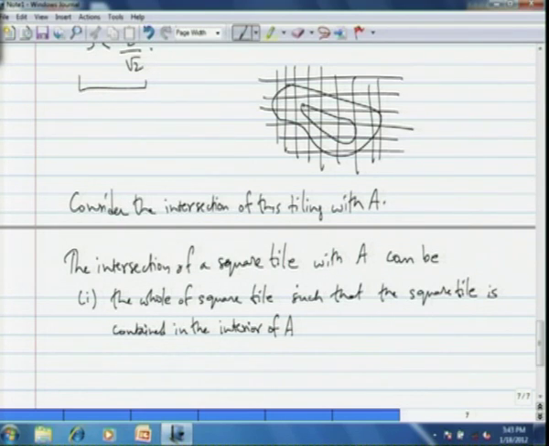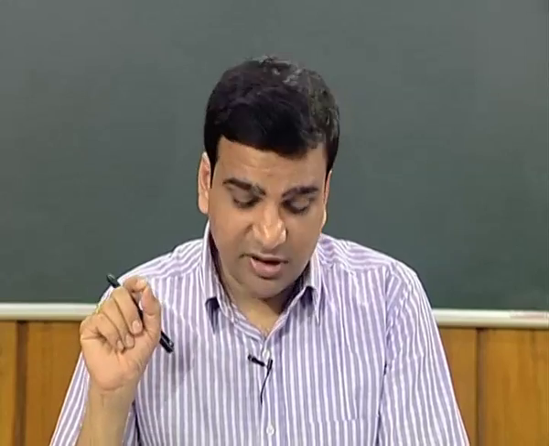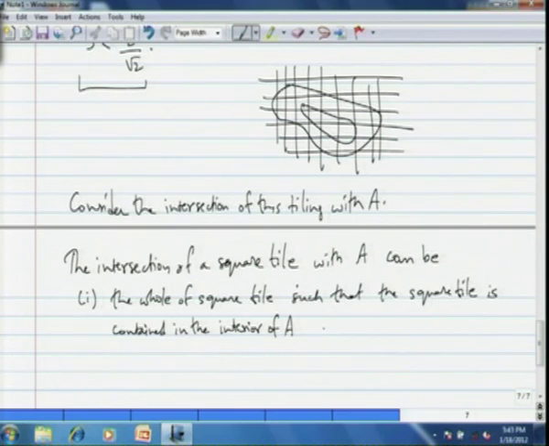The whole of the square tile could intersect A with it intersecting the boundary as well, so we will separate that one case. The whole of the square tile such that it is contained in the interior, call such a tile a normal tile.